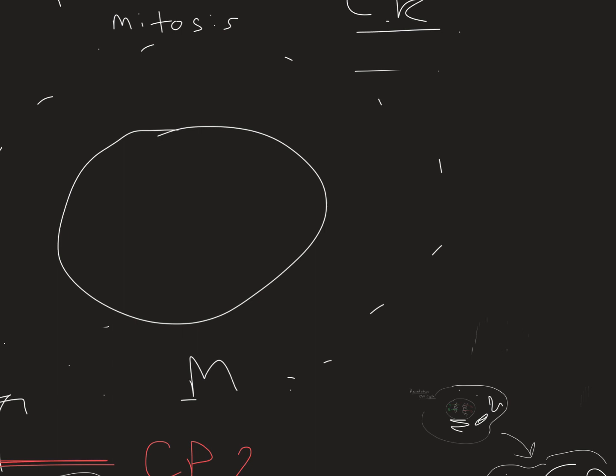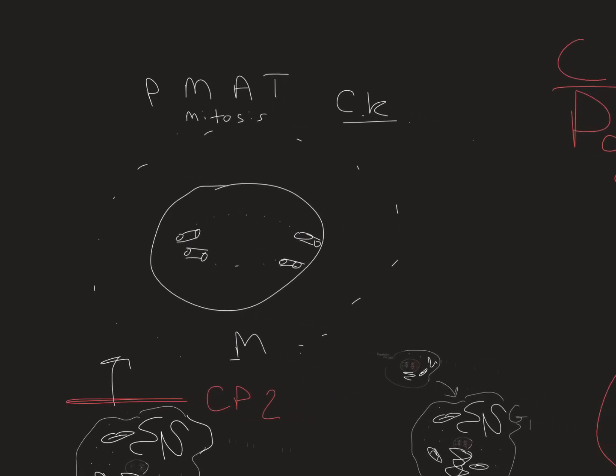In prophase, you have a real condensation of the nuclear material. You have a doubling of the centrioles, which are going to act as anchors for the spindle fibers. The spindle fibers start to form, right? In prophase, and also the nucleus disappears.